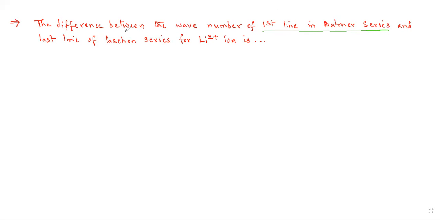See, they are asking you the difference between wave numbers of the first line in Balmer series and the last line in Paschen series for lithium plus. Let us write them one by one. Coming to the first line in Balmer series. I told you very clearly that for Balmer N1 is 2.